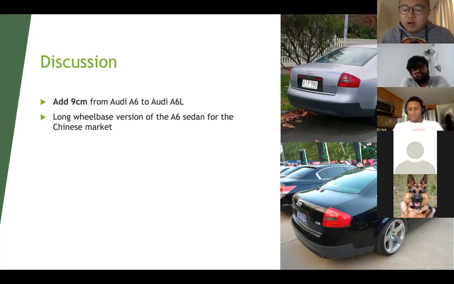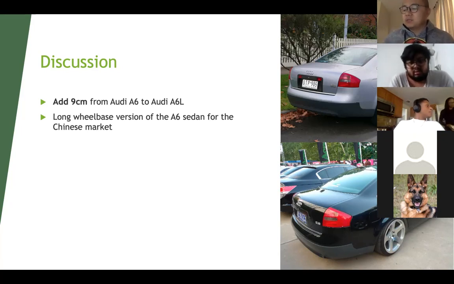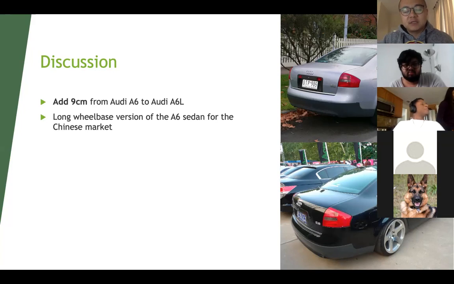I think it's very weird, because last time I found an Audi A6L in the UK. I think it's just somebody randomly adding an L after buying some logo from Amazon or eBay and then attaching it to the rear of the car. I've never seen the L version of the Audi A6 here.